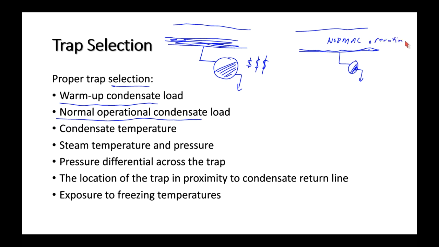Well, let's save money on the trap, and we'll put a small trap in there that costs much less money. But now we still have to deal with a warm-up load, and the warm-up condensate load is, you got cold pipes, and you're going to make a lot of condensate. So simply put, we're going to have a trap bypass valve.